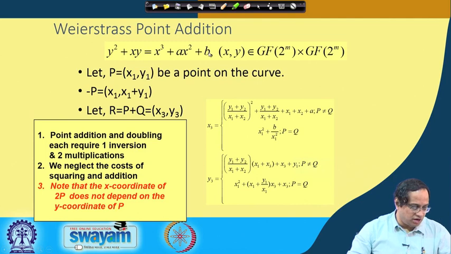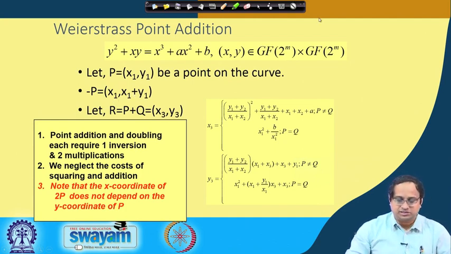This is my curve equation, and I want to do my arithmetic where x, y, the point on the curve, belongs to the GF(2^m) cross GF(2^m) field. Now let P equal to (x1, y1) be a point on the curve. The first thing to observe here is that minus P is slightly different from what we have seen previously. Minus P is (x1, x1 plus y1).